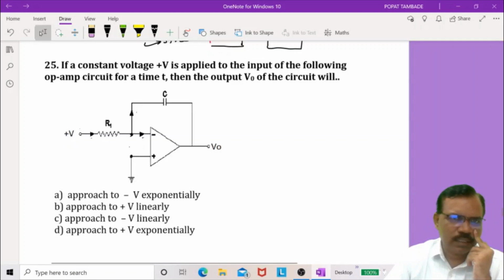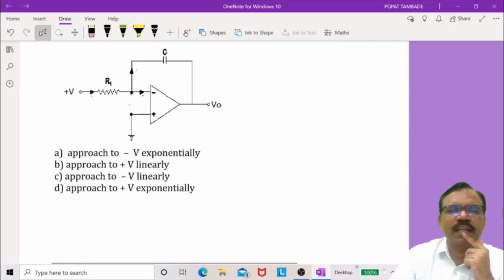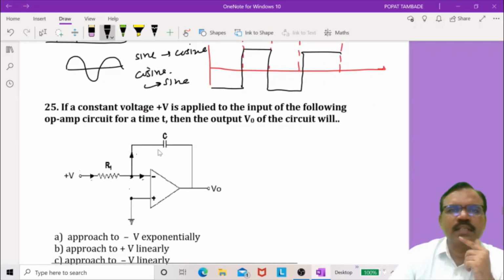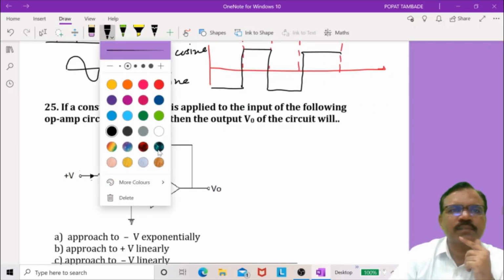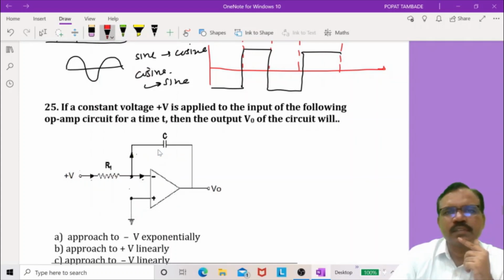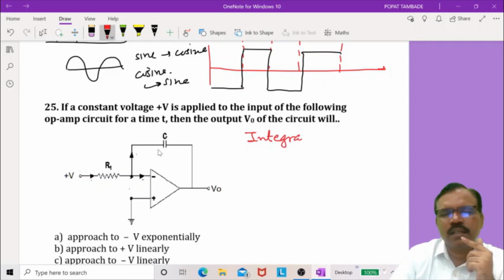Now see here, if we look carefully, this circuit is an integrator circuit. So what is the output? V0 is equal to minus 1 upon RC integration of Vi dt plus some constant.